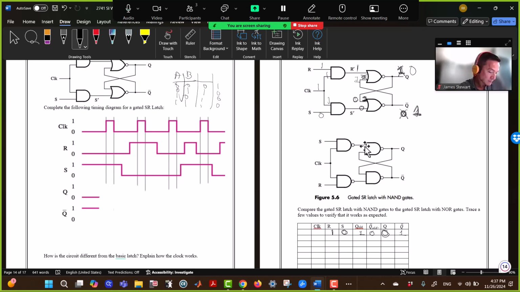Now, I said it was not interesting to have the clock, and I still say it's not interesting. But now let's see what happens if the clock is 0. If the clock is 0, this becomes 0, and this becomes 0. And so the AND of both of these is 0.